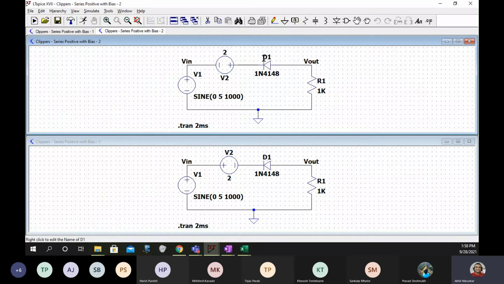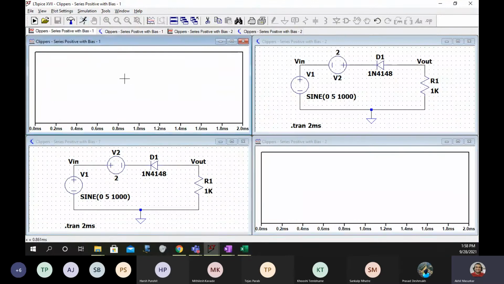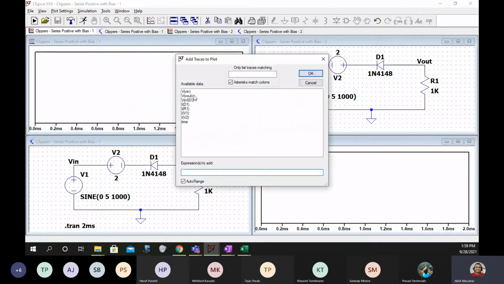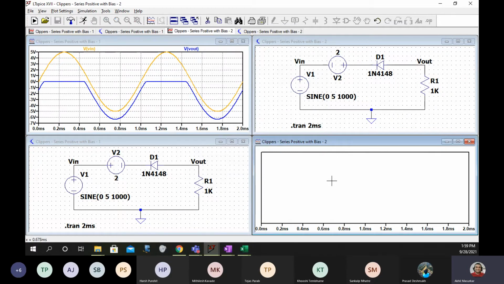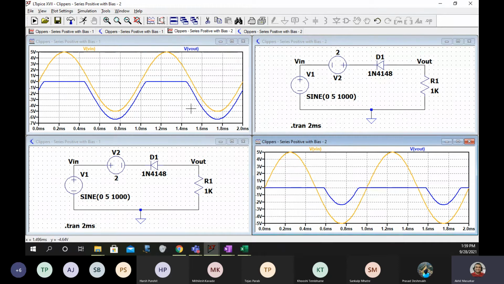I have just reversed the direction of the diode. Everything else is the same. So I can simulate this and simulate this one also, and then we'll add V in V out. So this should be your output.